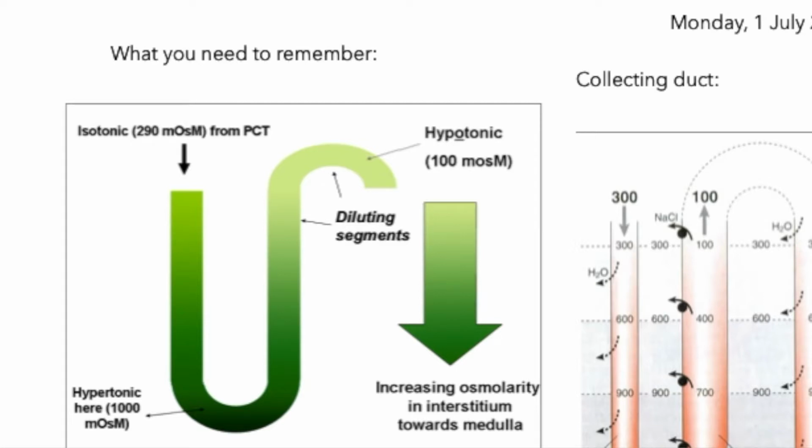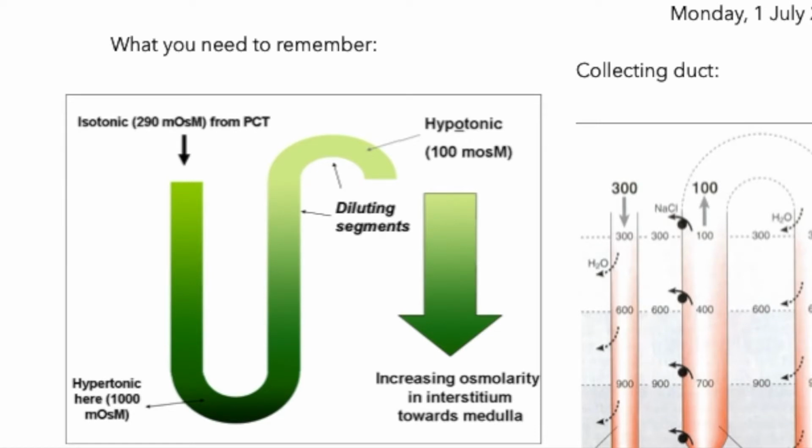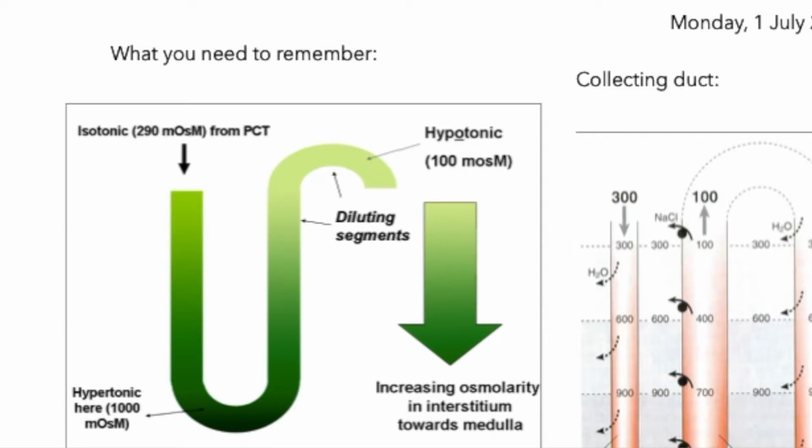Then it starts to become hypertonic. Hypertonic means higher solute. The tonic always has to do with solute, so more solutes at the bottom, and then it becomes hypotonic when there are fewer solutes, more water and more dilute, and hence a lower osmolarity. Okay, so that's pretty much that.